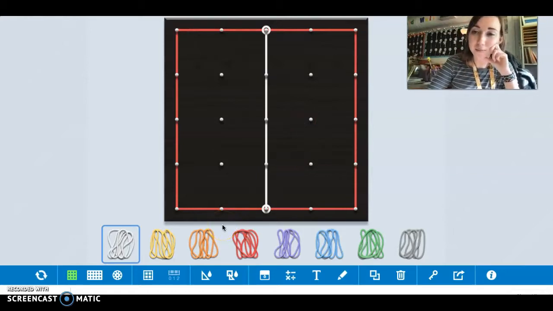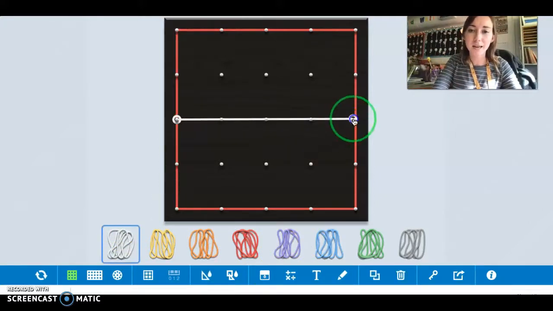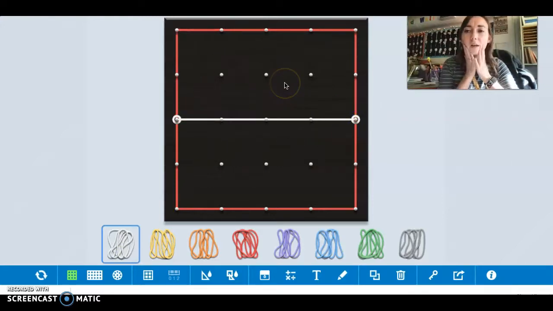But I saw some people before who gave me different answers for how I should draw this line. So we're actually going to explore a little bit that there's more than one way to do it. So I'm going to trash that one, and I'm going to try a different one. So I saw some people do this way. And so I'm going to make a horizontal line right there. And let's look.